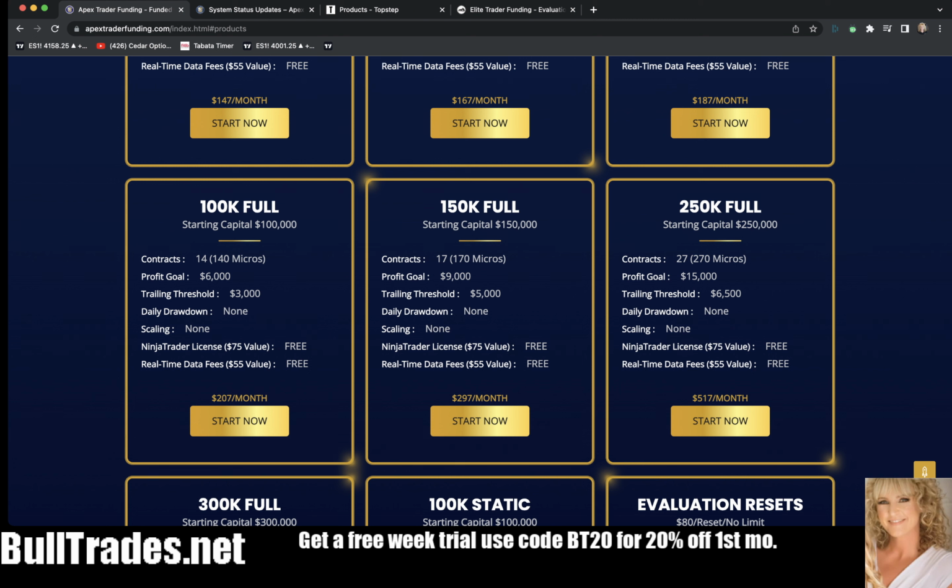I'll go into numbers on what I think should be happening for good risk management as far as the accounts go. But let's say you make $2,500 in profit, and then you have a bad day and lose $2,000 the next day. If you drop $2,000 and you were up $2,500, you now have $500 left of this trailing threshold to not have your account blown.